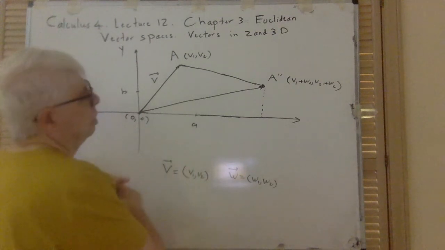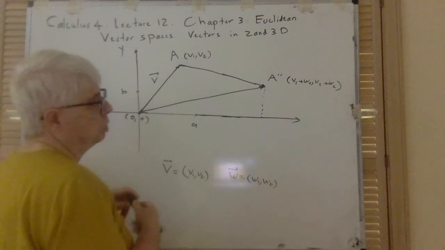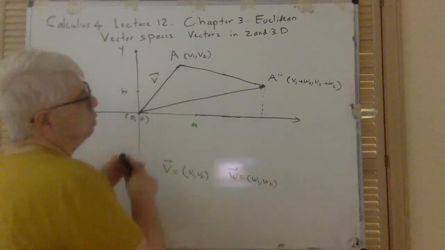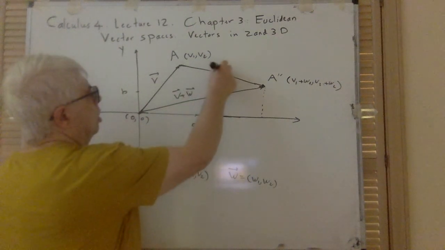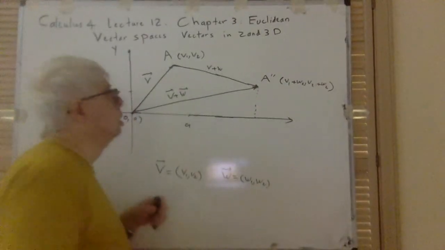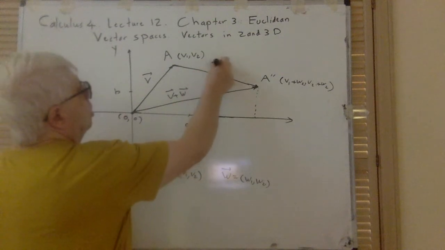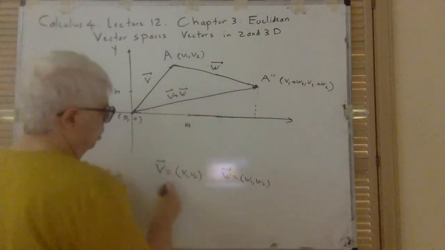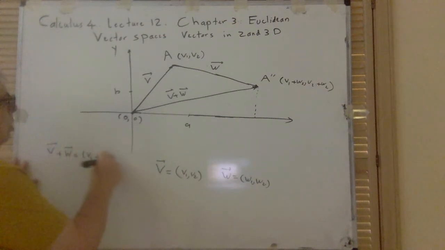And that is in fact the coordinates of this point. So this vector, which we call V plus W, and this one is W. From this picture we have V plus W equals (V1 + W1, V2 + W2).